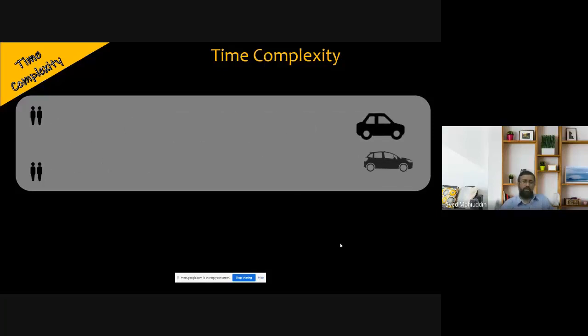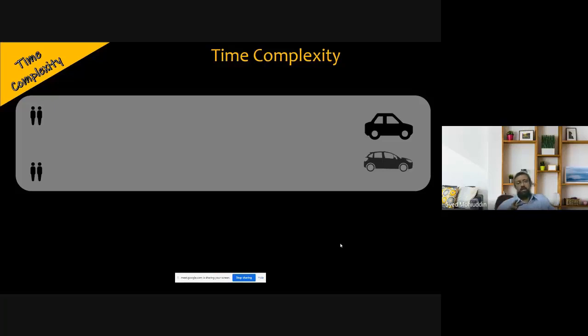So let us assume that the sports car has better capability. So the sports car reaches the destination before the other car. In the same way, we can say that one algorithm may execute faster than the other algorithm.